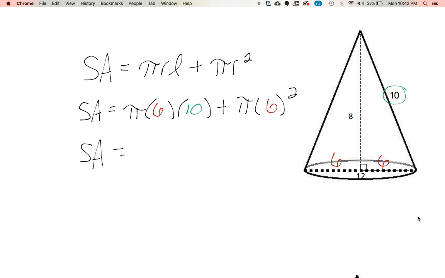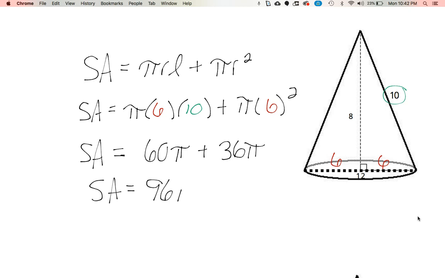So that's going to come out to be, just to give you guys a different way of thinking about this, so you don't have to round to the end, this is 60 pi plus 36 pi, which is 96 pi.